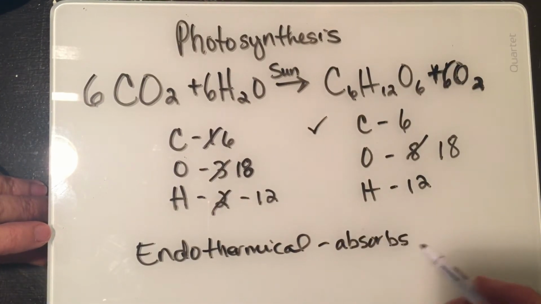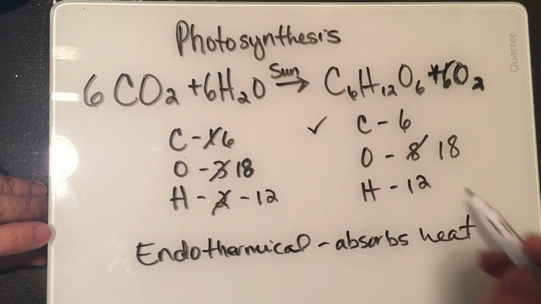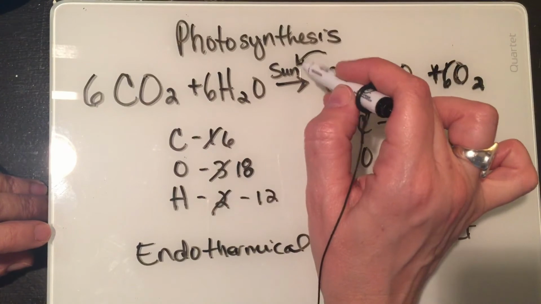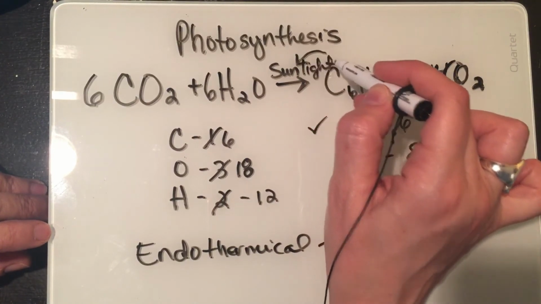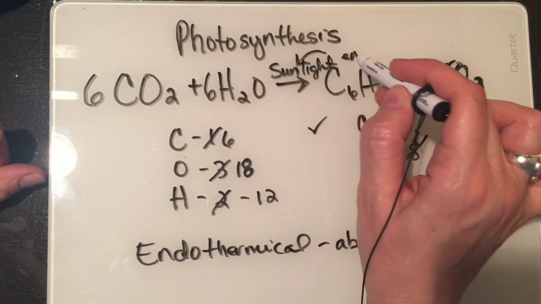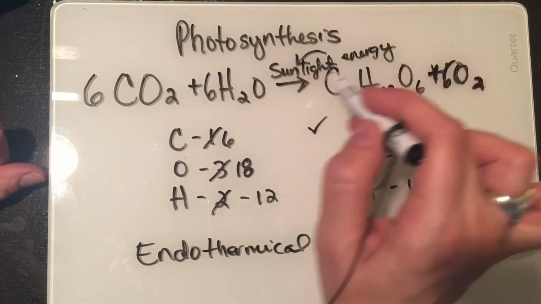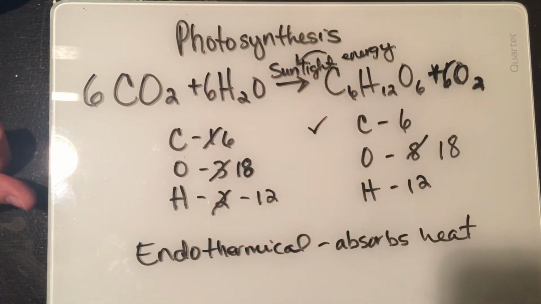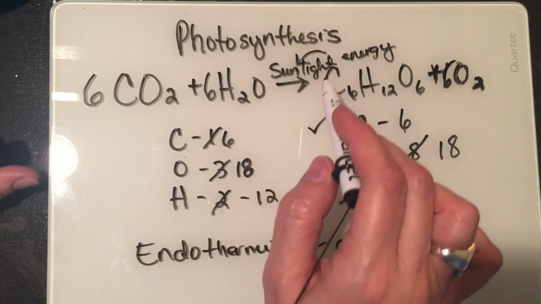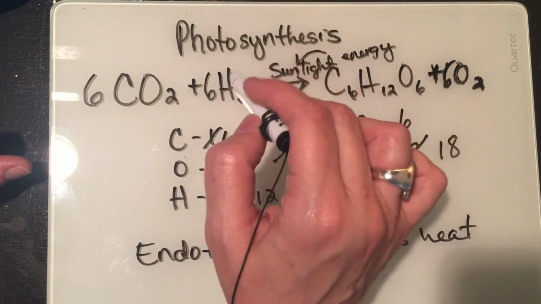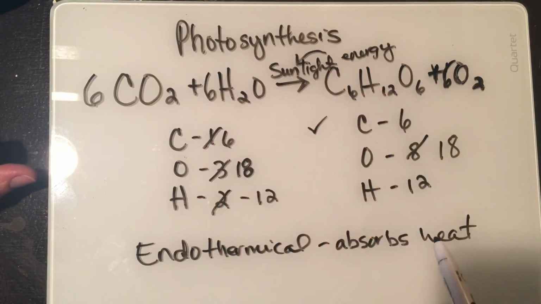Okay, it absorbs heat, and that is where the sun comes in. We say sunlight, but it's heat plus light energy. So it takes some energy to make this chemical reaction occur. This is an endothermic chemical reaction because it requires heat energy to go into it to make it happen.